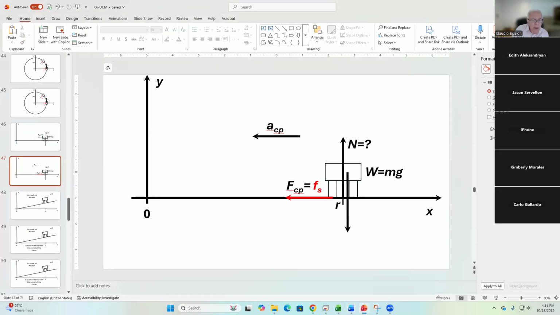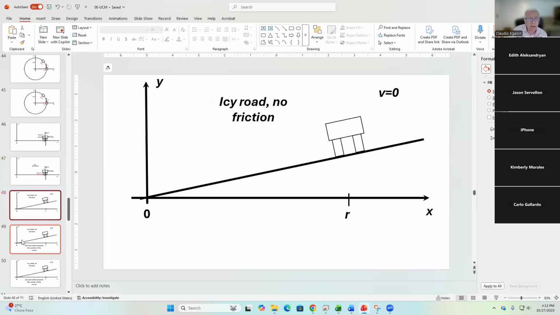Here's a curve that's not banked. It's just a flat surface. But I believe you have already seen banked curves at the exits of the freeway. It looks something like that. This curve is banked towards the center of the curve.